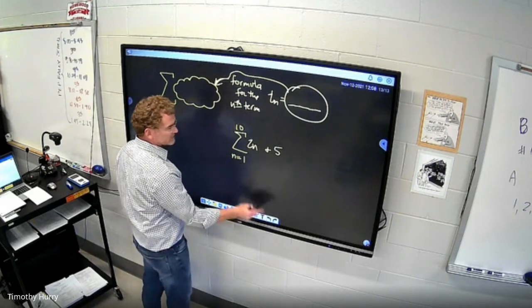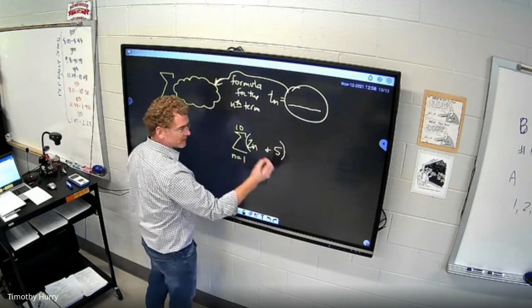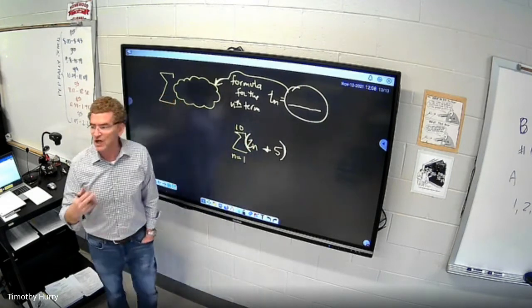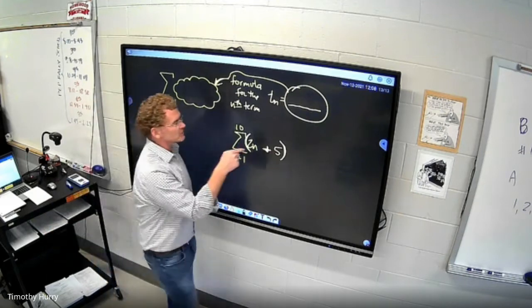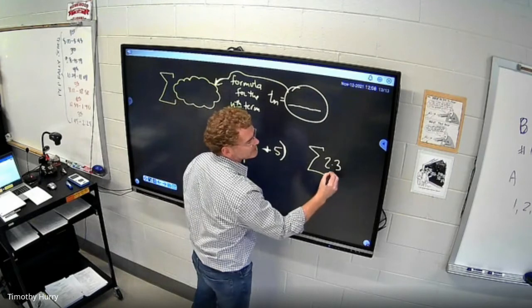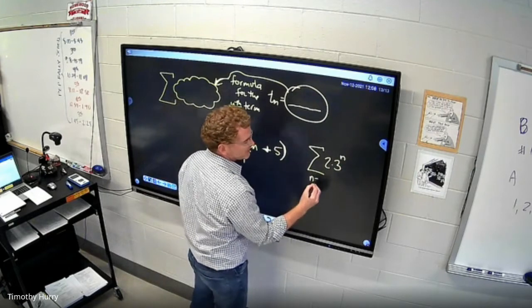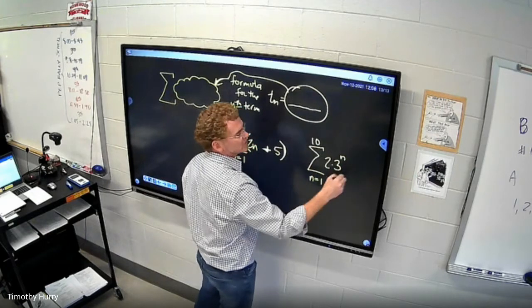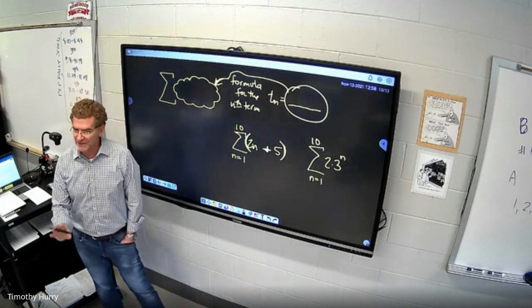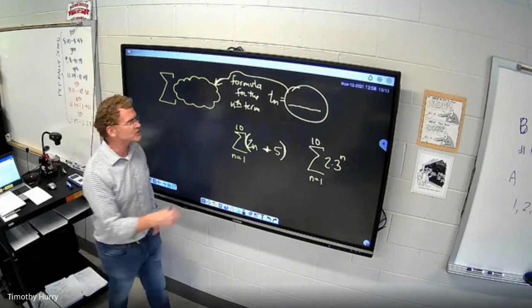If you want this to be part of your formula, put a parenthesis around it if there's a plus sign. It's understood that if there's a times sign, like 2 times 3 to the n, you don't have to put a parenthesis around that. Does that make sense? So make sure that you do that.